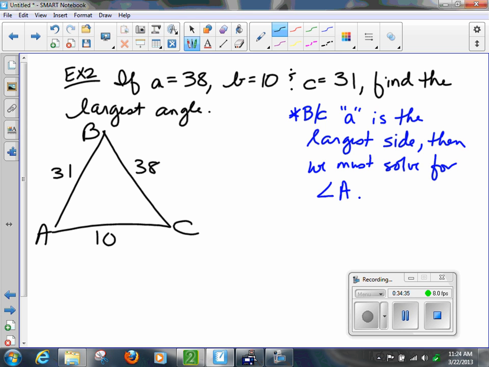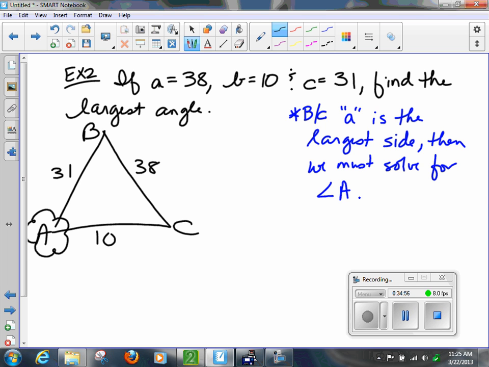Find the largest angle, and y'all said it was going to be A because side A is the largest side, so then angle A has to be the largest angle, right on? Do you remember what theorem that comes from? Triangle inequality theorem. Might we write that down?